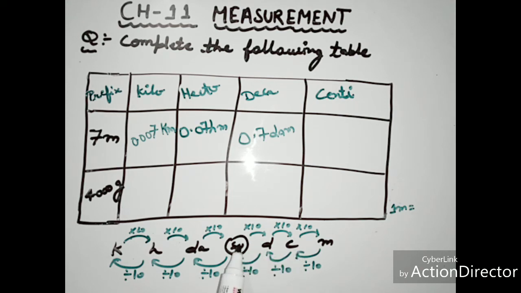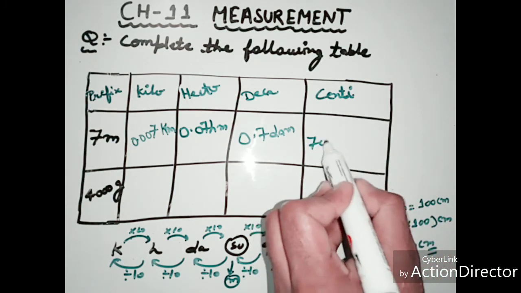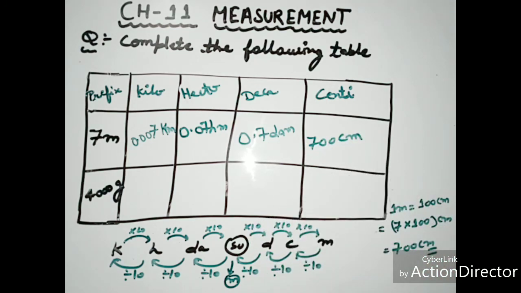So it's move higher to lower units, 2 places to right hand side, means 10 multiplied by 10 means 100 centimeter. 1 meter equal to 100 centimeter. So we multiply 7 by 100 and we get 700 centimeter. So here we write 700 centimeter.